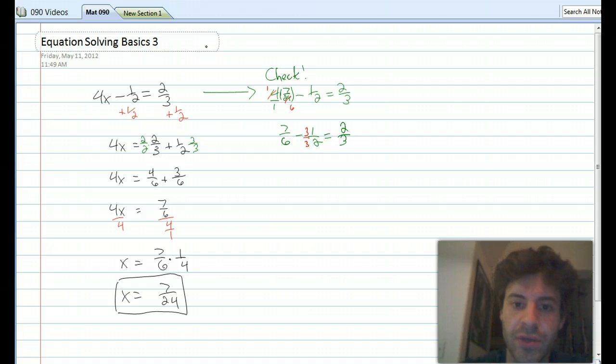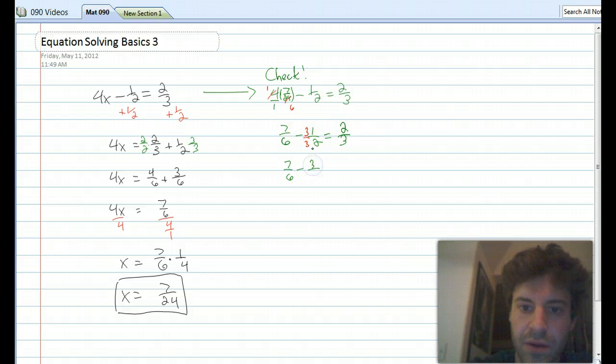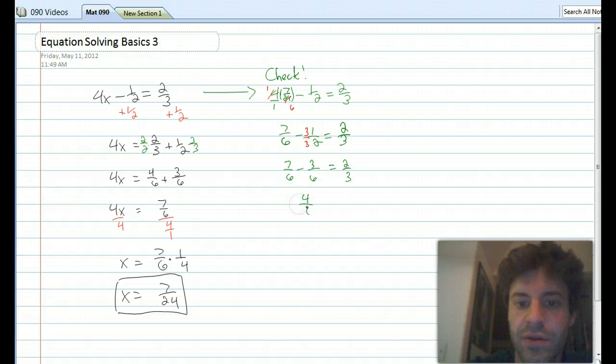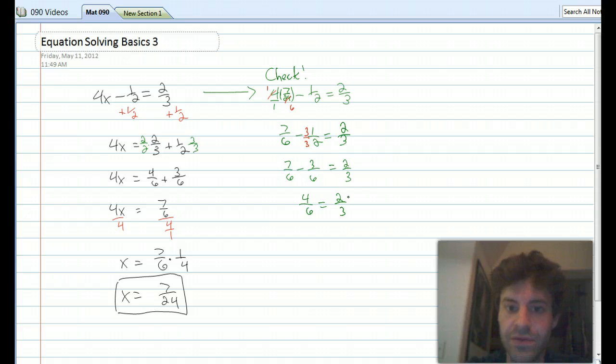This left fraction, we're just going to copy down. It's 7/6. This fraction right here becomes 3 over 6. The question is, is that 2/3? Well, I'm still not sure. 7 minus 3 is 4. So the left-hand side is 4/6. Is that the same thing as 2/3? Okay, now I'm convinced. Our solution, x equals 7 over 24, is the correct solution.